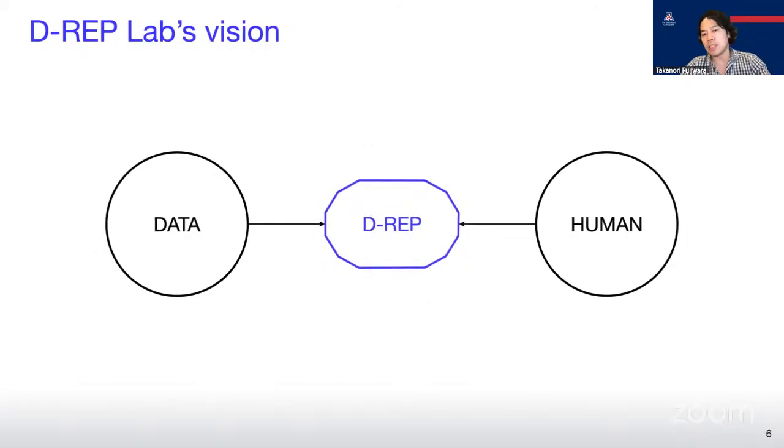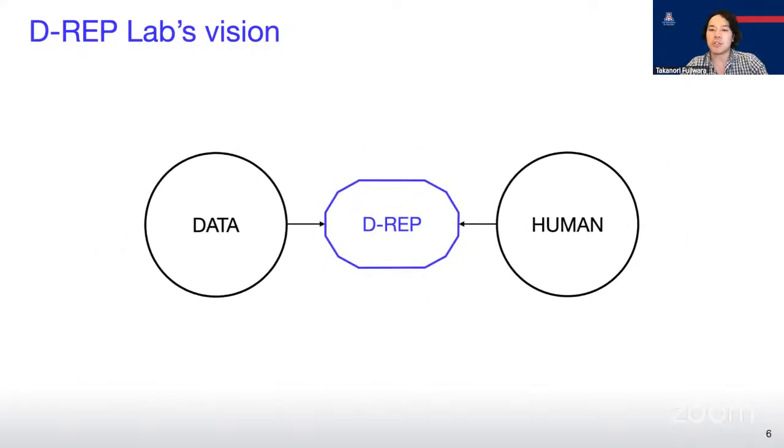But introducing data representation can bridge abstract data and humans, bringing them closer together. And here data representation is how raw data takes form, whether as a 2D visualization chart, a 3D model, a physical object, and so on.